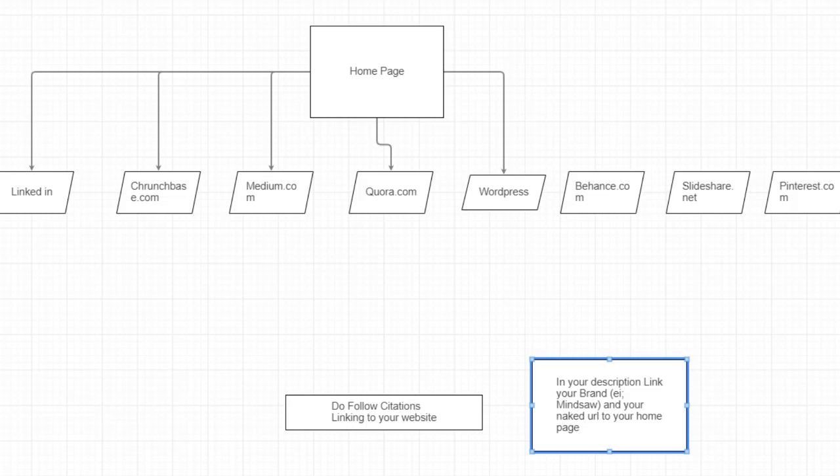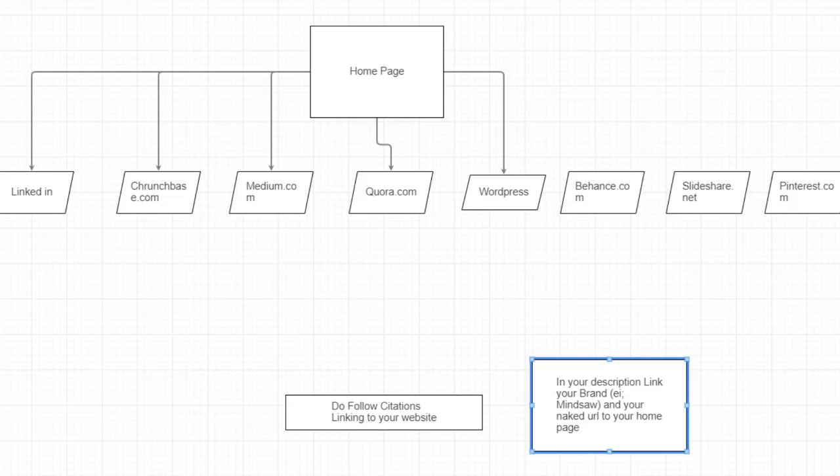And it's going to ask you your name, address, and phone number, and you need to put all that information into LinkedIn, as well as all the citations. Now, when there's an opportunity, because each citation is set up differently, and I'm going to list the citations that you need in the description below.